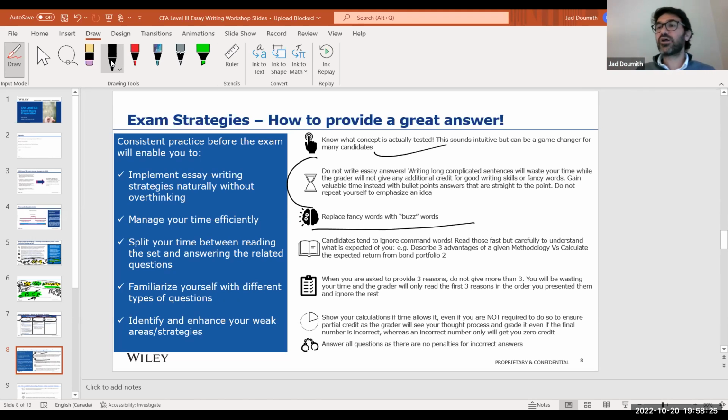The grader is not really interested in seeing fancy words. They want to see what we call buzzwords, which can show the grader that, yes, this person completely understands the topic, completely understands what they are doing. Right?